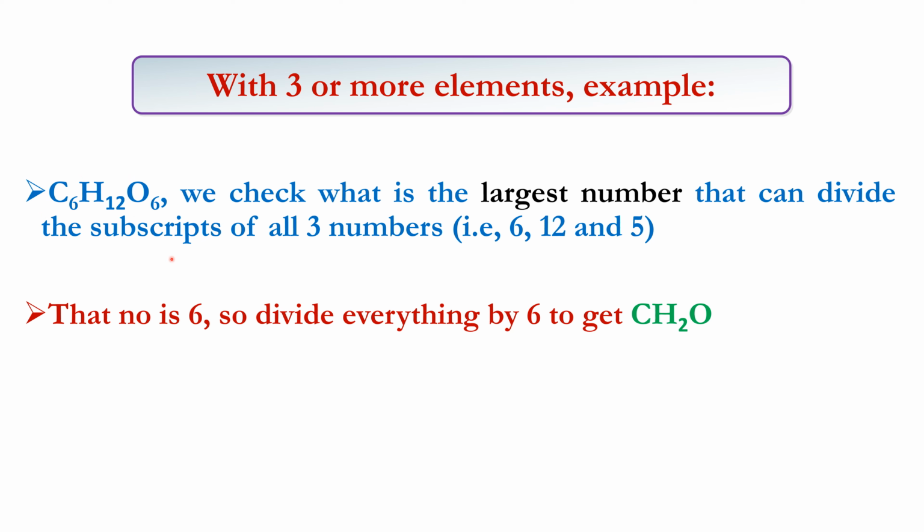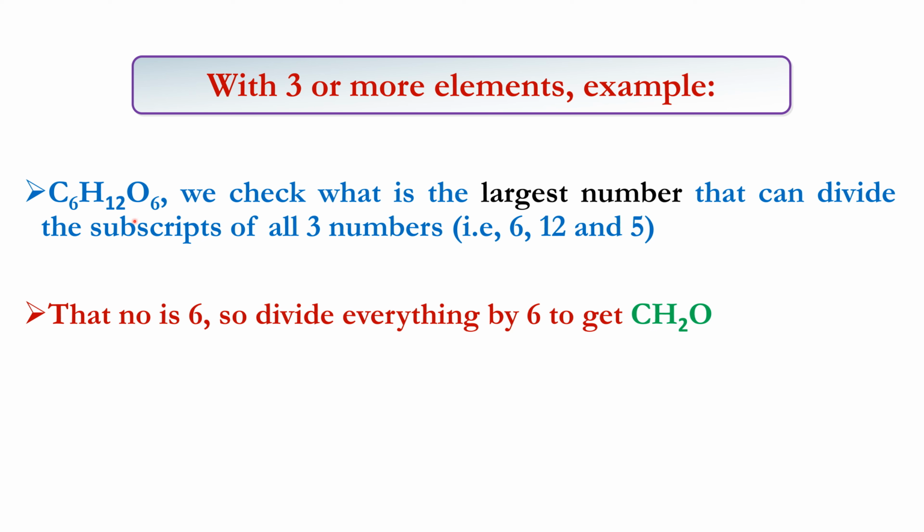We simply do what we did when we had just two elements in a compound. We find the highest number that can divide all subscripts. So we have 6, 12, 6. What is the highest number that can divide all subscripts? That number is 6. So if we divide C6 by 6, we'll get C because it will be just 1.